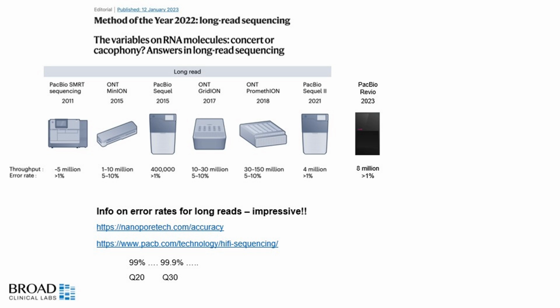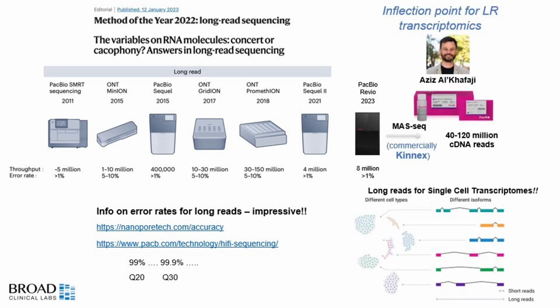And there's been a major development recently, resulting in what's called MAS-seq by Aziz Al-Khafaji, who's someone that I work with at the Broad Institute. He developed this method that increases the throughput of PacBio sequencing for transcriptomic reads, giving you anywhere from 8 times to 16 times as many reads per flow cell.